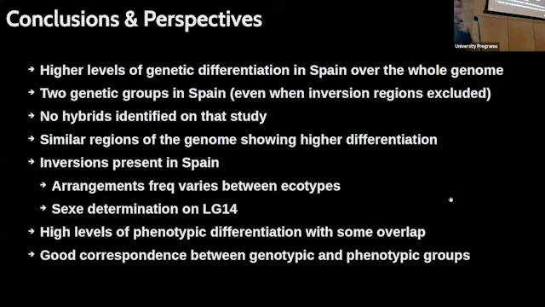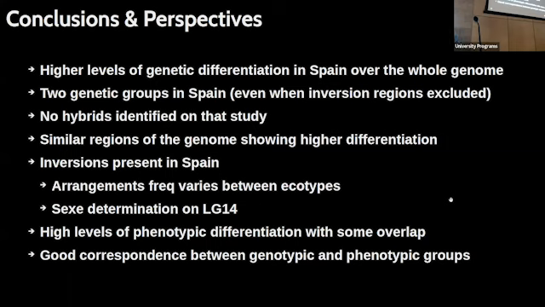Okay, so what we found in this study is that we have a higher level of genetic differentiation in Spain over the whole genome. We also have this two distinct cluster genetic pattern, even if we remove the inverted regions.